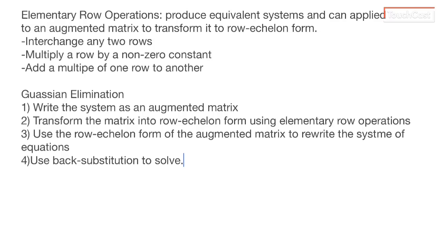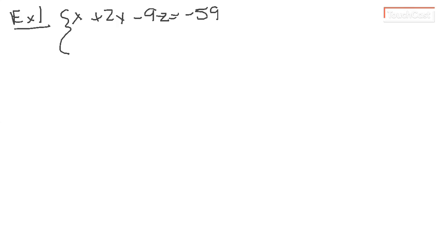So now we're going to get into some examples. So our first example is going to be the system x plus 2y minus 9z equals negative 59, y plus 4z equals 12, and x minus y plus 3z equals 25.